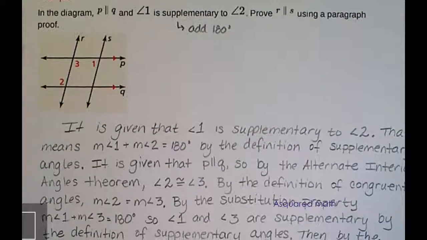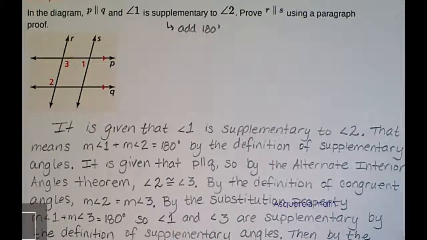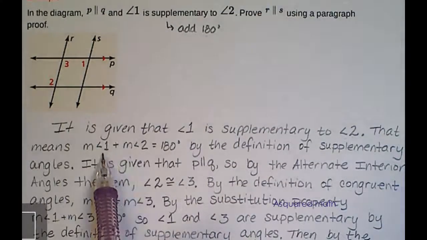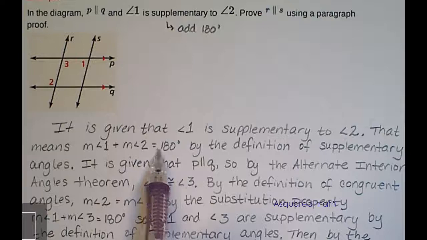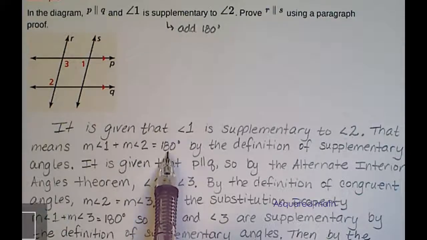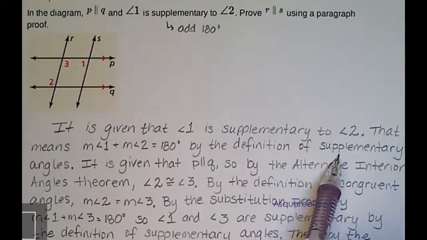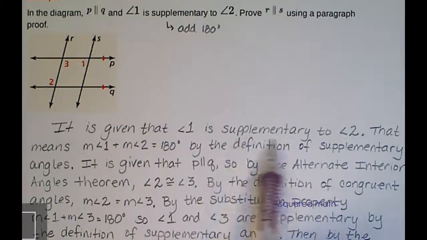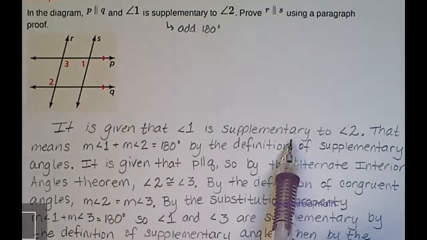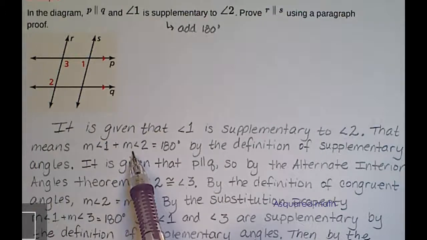So let's go over it, and I will read it to you and describe my thinking as we go through it. It is given that angle 1 is supplementary to angle 2, so they tell us that. That means the measure of angle 1 plus the measure of angle 2 equals 180 degrees by the definition of supplementary angles. So all I did was take this word supplementary and break it down into exactly what it means mathematically.